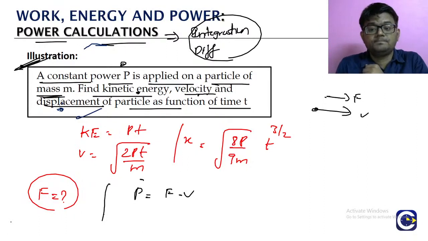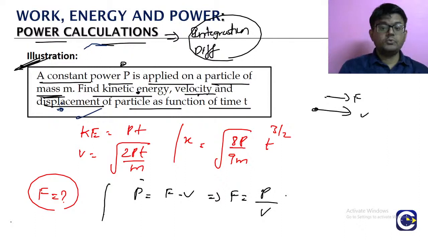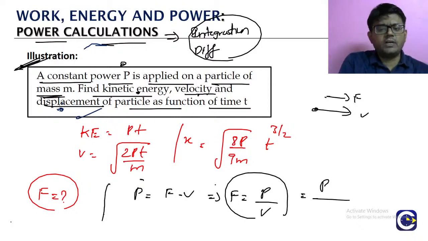So power is force into velocity, which means force is power by velocity. Power is P, a constant value. Velocity is root 2Pt by m.